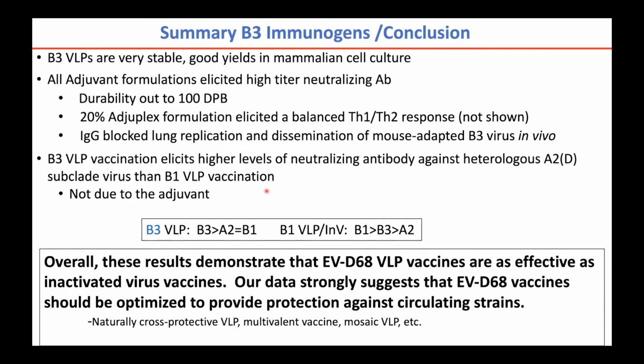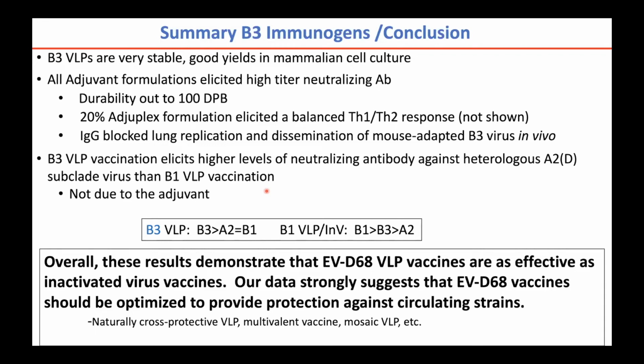And second, that we need to optimize EV D68 vaccines to provide protection against circulating strains. We're seeing a neutralization capacity hit against different subclades.